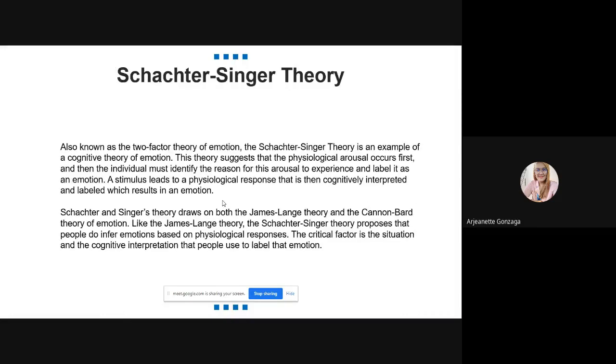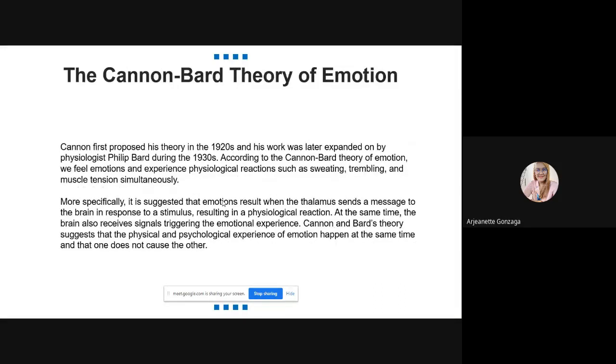Okay. So next, si Cannon also suggested na ang emotional responses ay naka-occur much too quickly for them to be simply products of physical states.